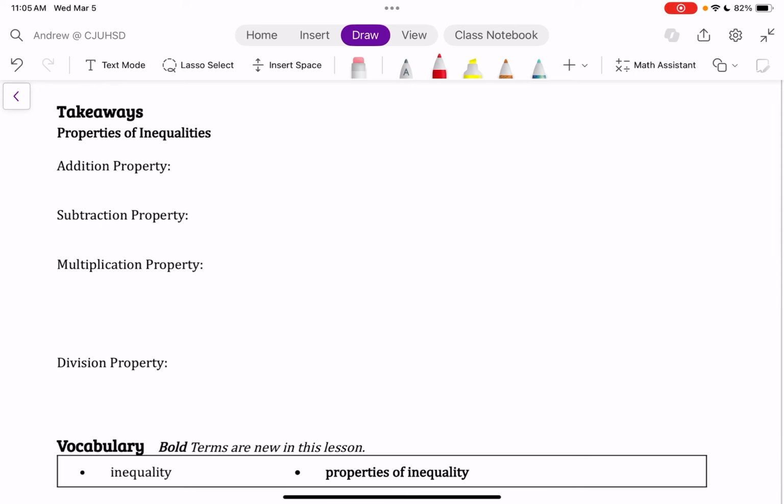Addition and subtraction, these are okay. They don't change the inequality.